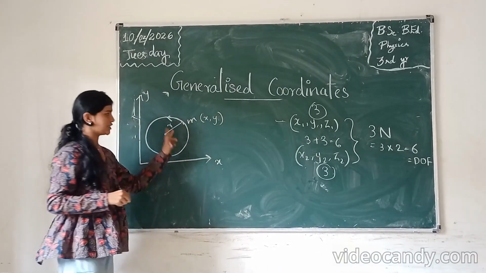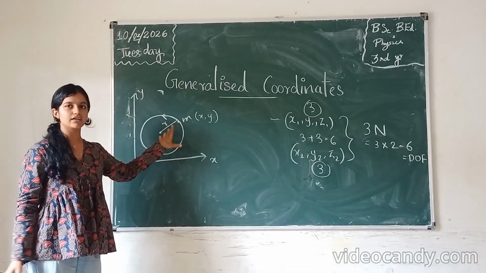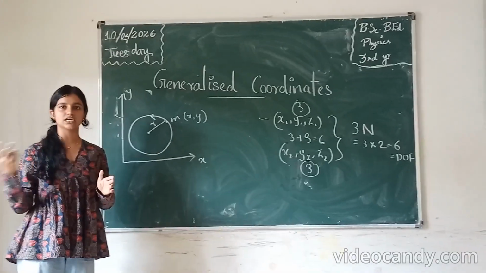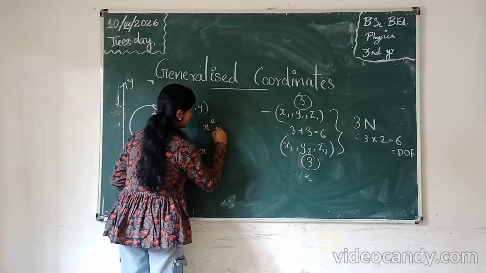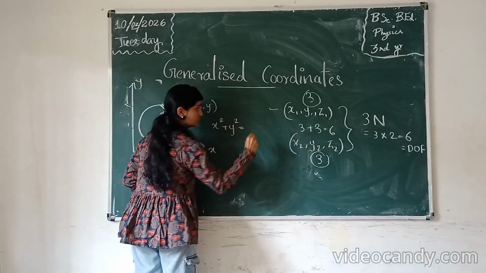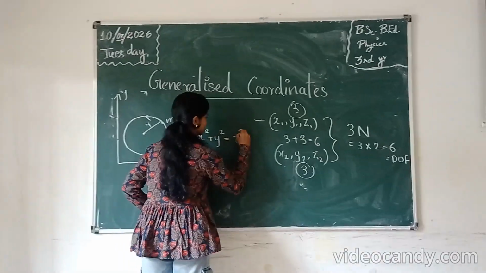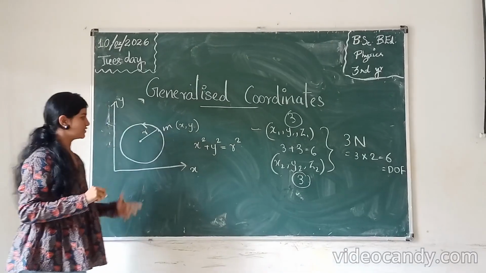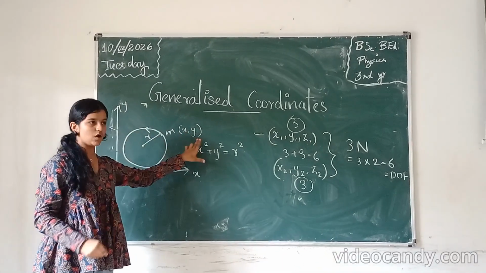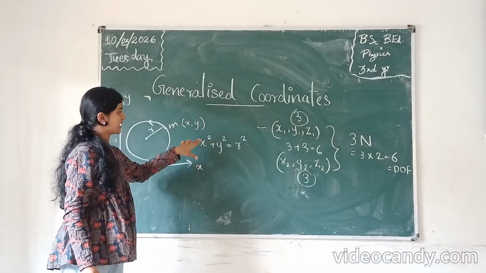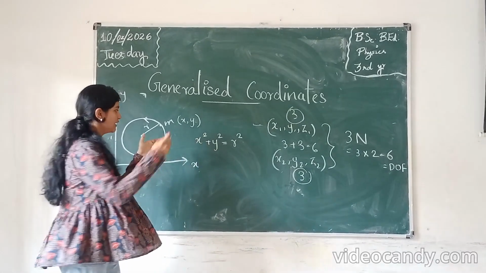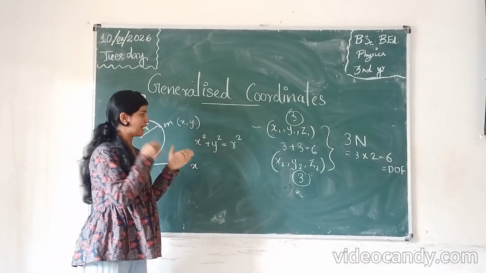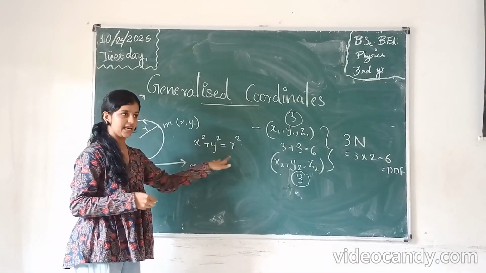What is the relation between x, y and r when the particle is moving on a circle? x square plus y square equals r square. Suppose here there are two coordinates, right? If we take x as the independent variable, y will be the dependent variable, because if x is known, we can find y from this relation.